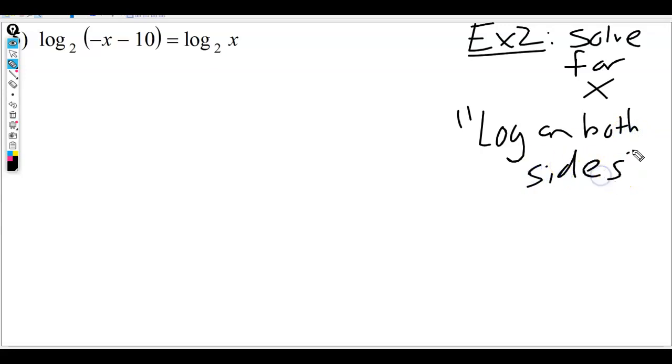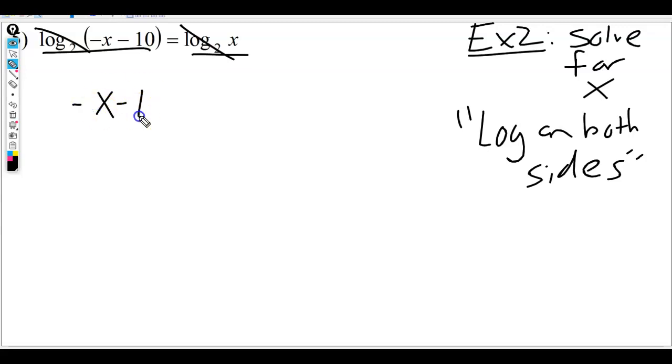In my opinion, these are the easiest ones, when you have a log on both sides of the equation. I've got a log on the left side, I've got a log on the right side. What makes these things so easy is that you can just take the log off both sides. Okay? Anytime you have an equation, whatever you do to one side, you just do it to the other and you're good to go. So I've just took the log off the left side, so I can just take the log off the right side.